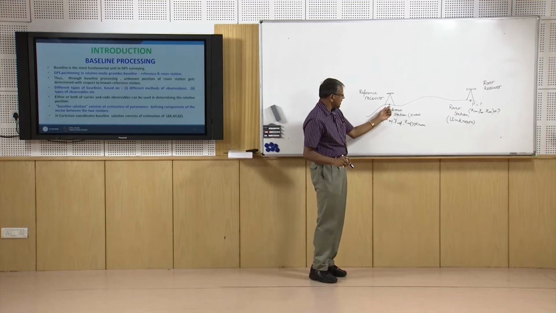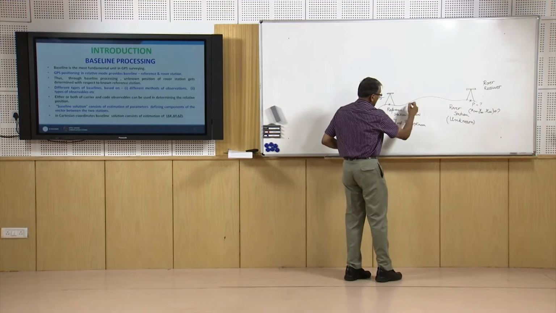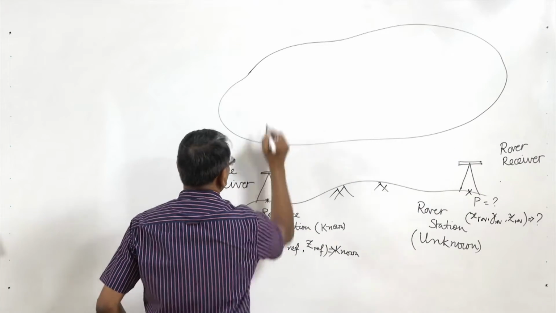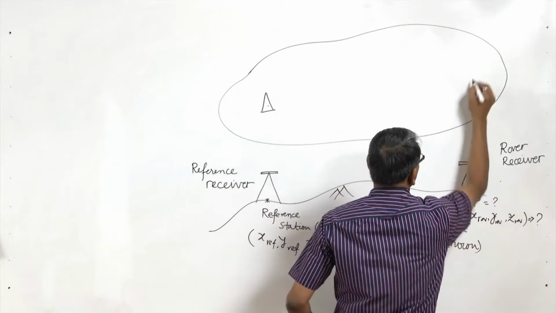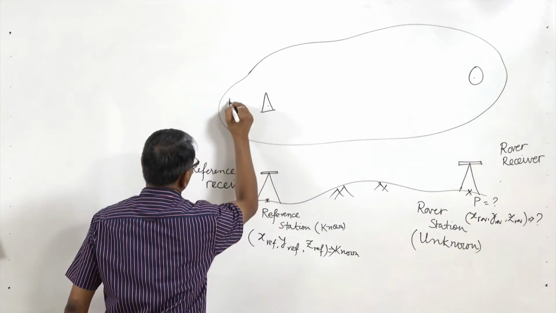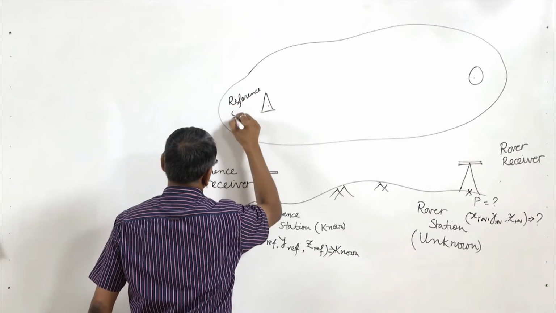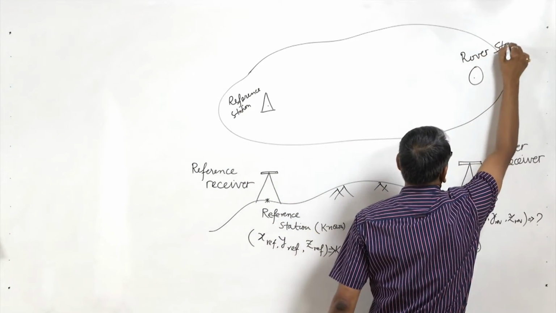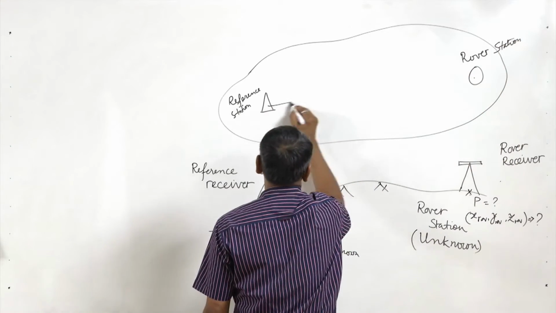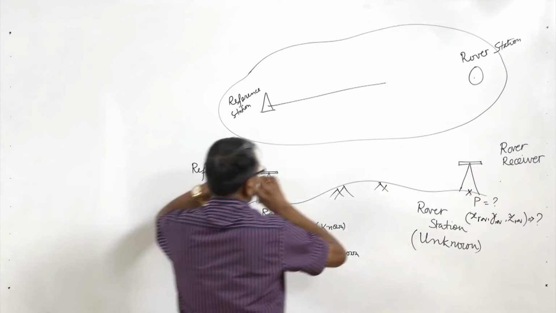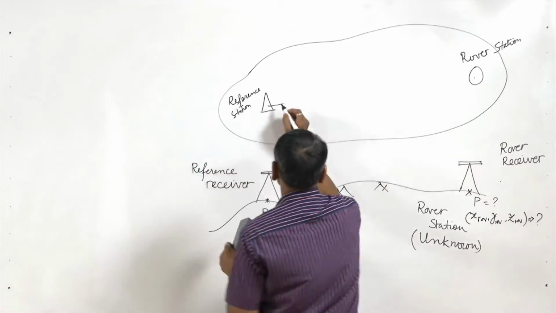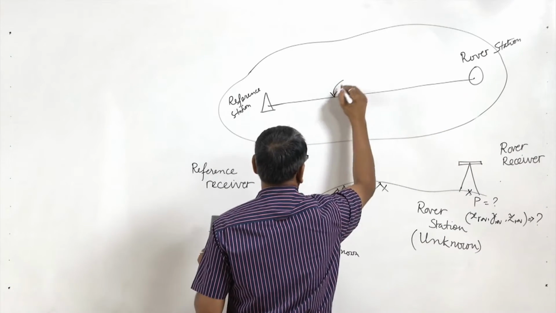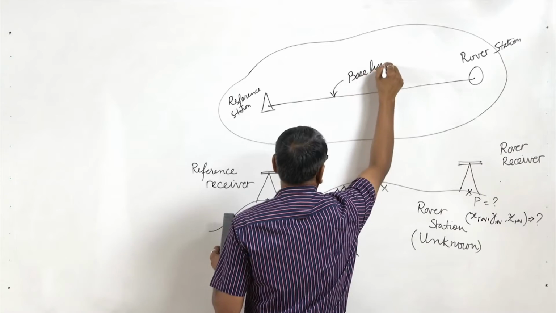Through baseline processing, if we see this in a planimetric view, this is the reference station, and this is the rover station, and the line joining these two stations is called the baseline.